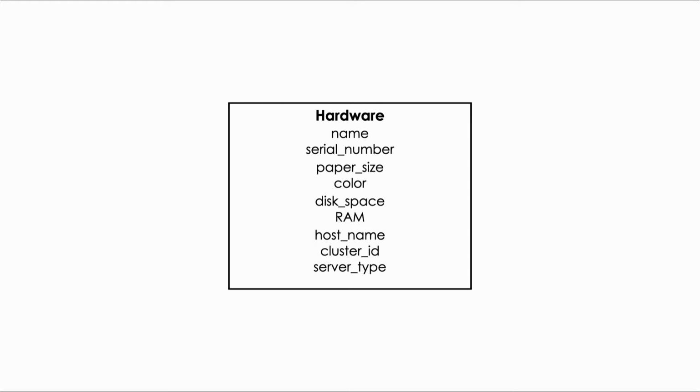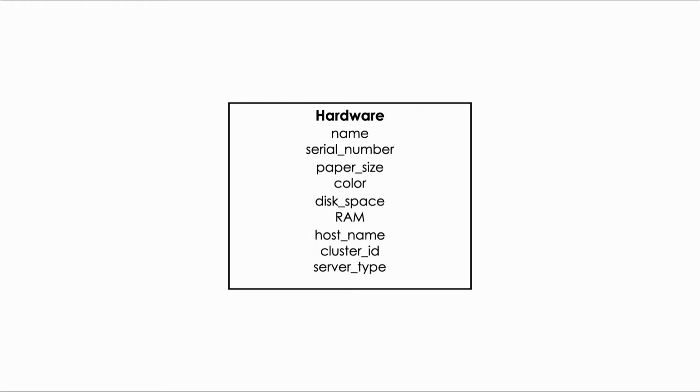I don't need those for printers either. I guess I'll have to leave those fields empty for our printer records. And when we create new records for our servers, we don't need these printer-specific fields for things like paper size and color printing. Those don't describe servers. And when we add records for laptops and PCs, we don't need the printer fields or the server fields. Ugh. No worries, this is where the power of table extension helps out.